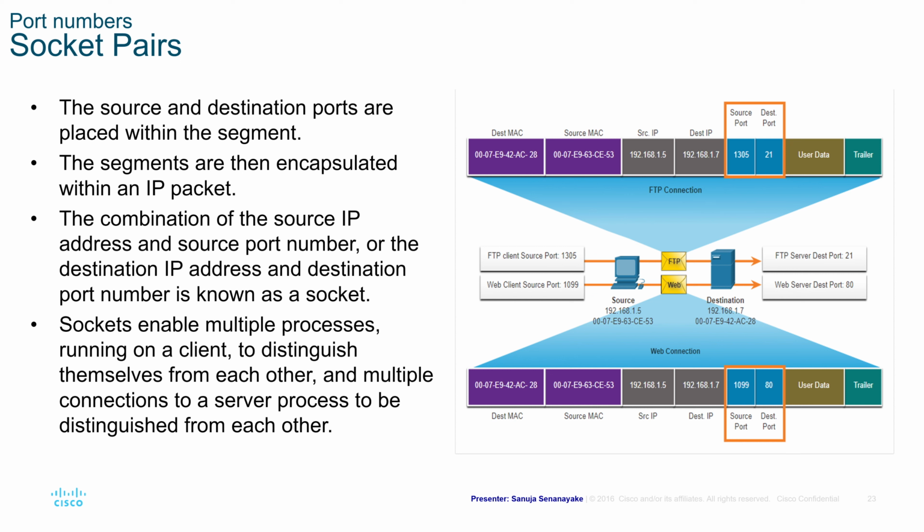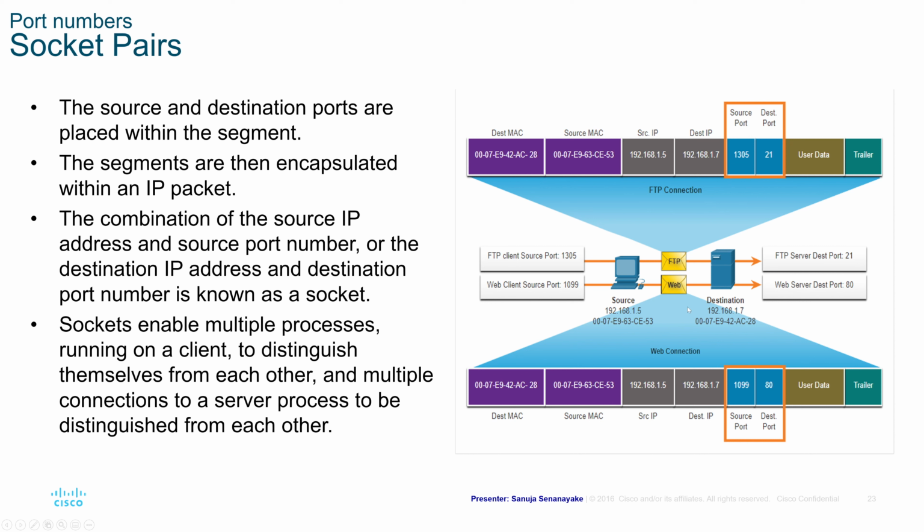What that basically means is that if you have a client that is accessing a single server to obtain, let's say, two types of data, in this case they are trying to access FTP data and HTTP data. The source can use port 1305 for FTP and 1099 for HTTP.